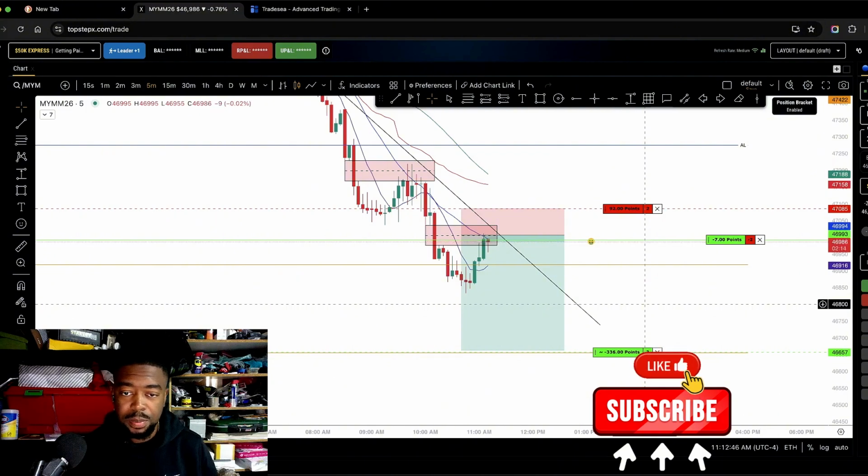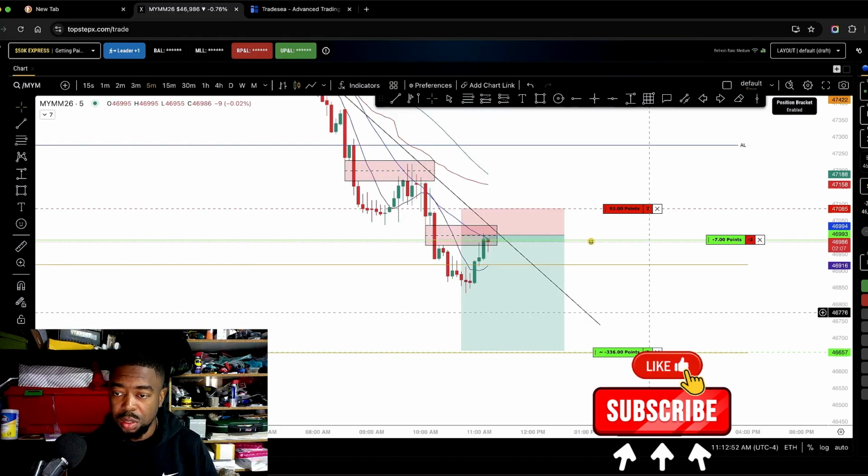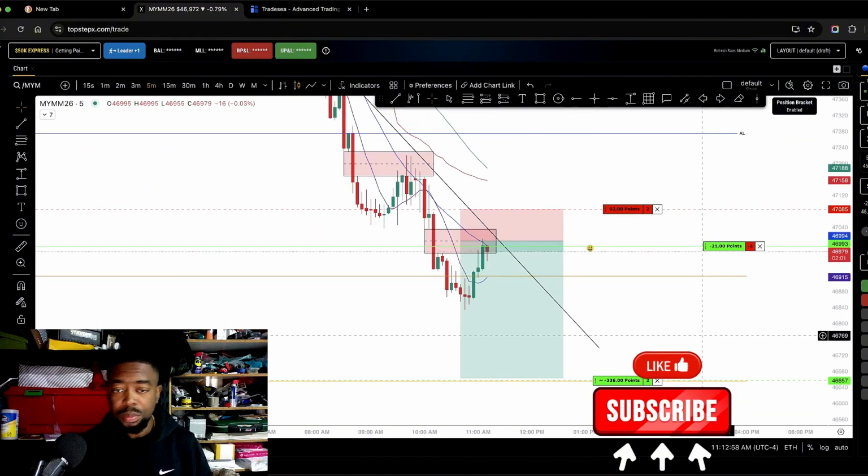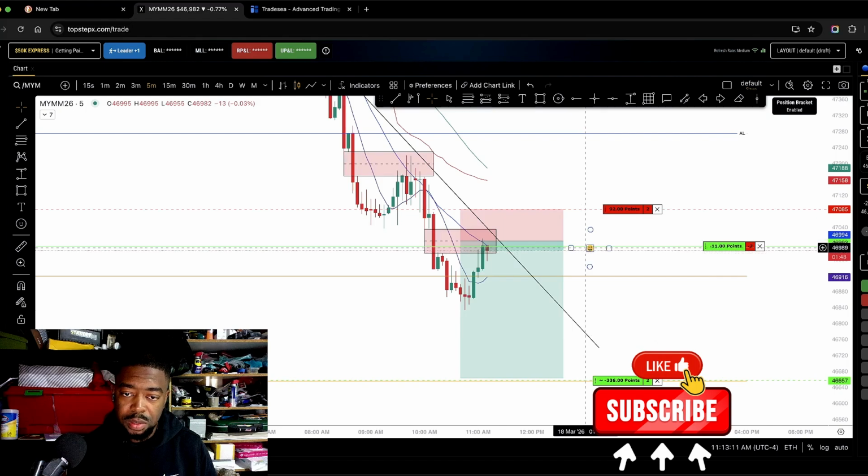But let's see. Like I said, I need a red candle close. If it doesn't close red, we out of here, baby. And I would definitely need a close outside of the gap.